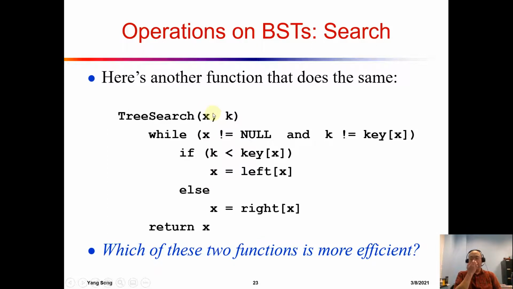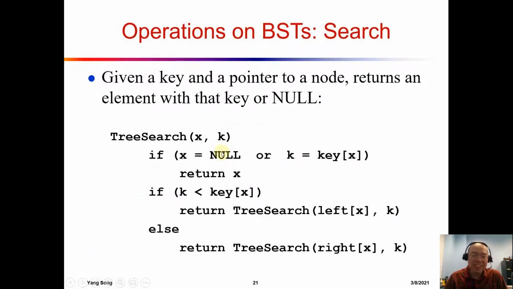Oops, I think I'm showing you the wrong slide. My bad. Okay, this is the right one. This key is the key we are searching for, and this x is the root of the current tree or the current subtree we are searching.